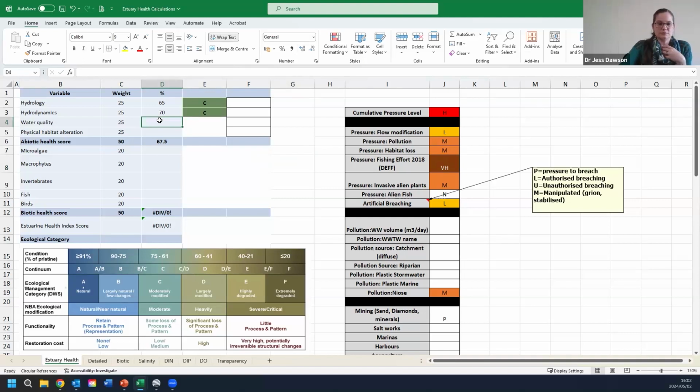Water quality. So factors that relate here are salinity, but also your turbidity or the clarity of your water, the amount of pollution, so nutrients within the water, toxic substances, dissolved oxygen rates.